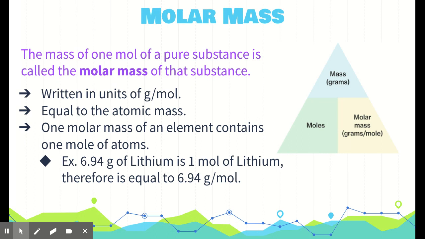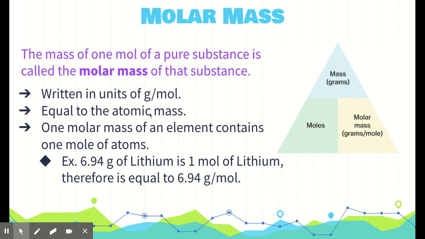You can also measure substances using molar mass. The mass of 1 mole of a pure substance is called its molar mass. If we're trying to figure out how many grams are in that mole, you would use molar mass. Molar mass is written in units of grams per mole. And yes, mole is abbreviated as mol, because chemists will abbreviate anything they can. Even though mole is just 4 letters, we're going to abbreviate it down to 3.